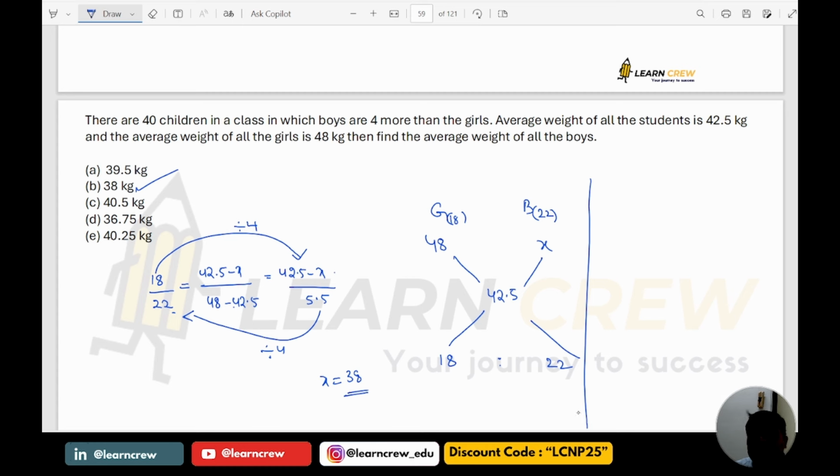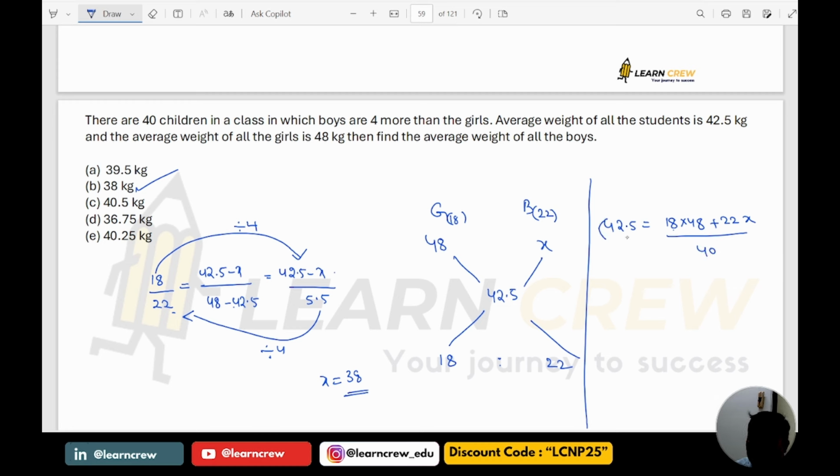Now without using alligation, the regular procedure. You have got the combined mean 42.5. There are 18 girls whose average weight is known as 48, and 22 boys whose average weight we need to find out, divided by 18 plus 22, 40.